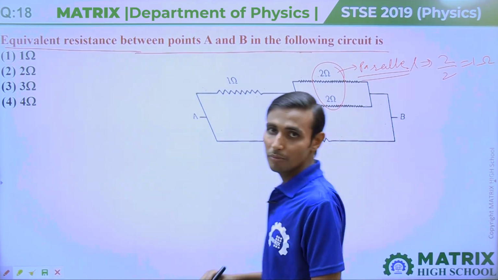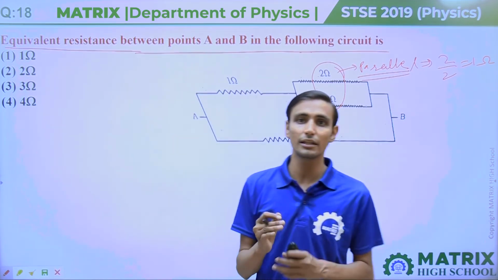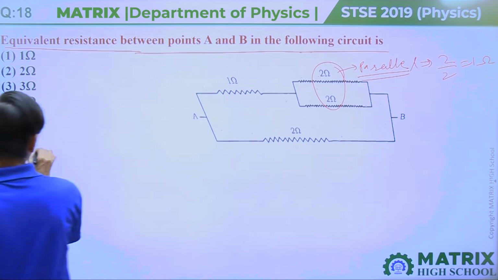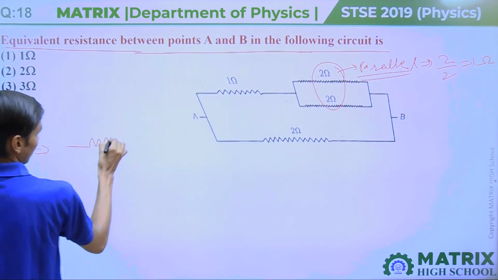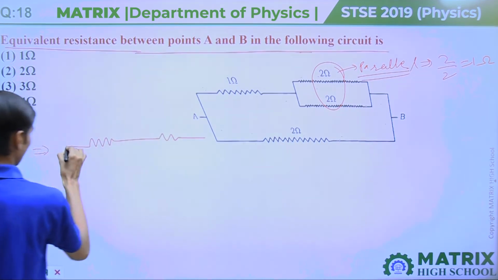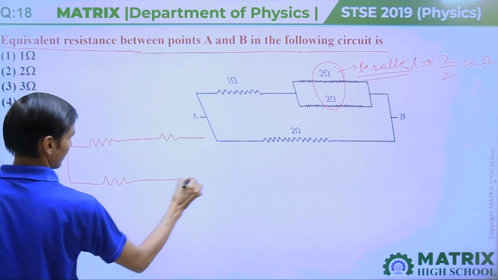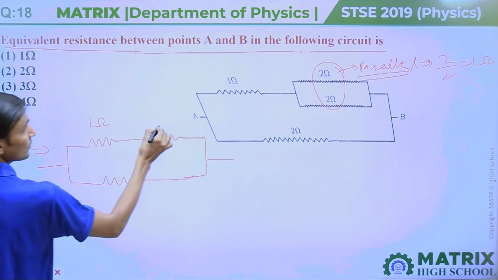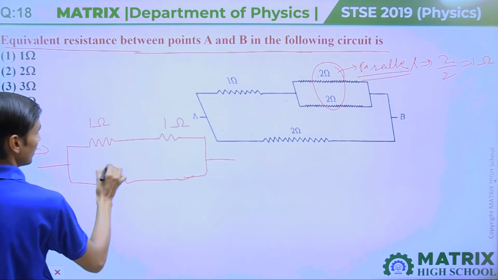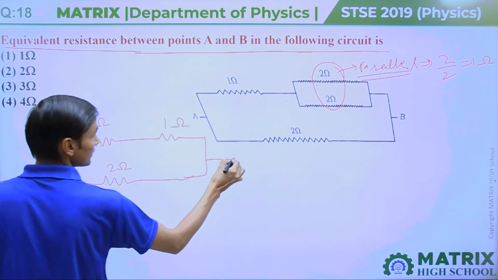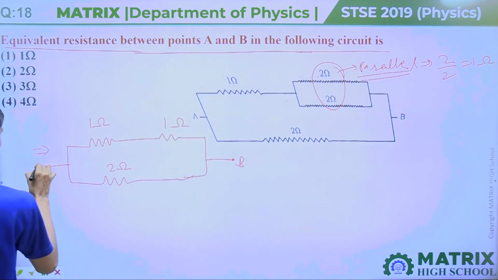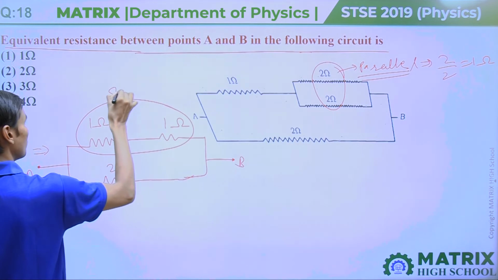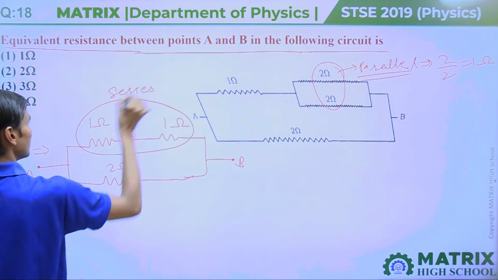Because in parallel combination, if n resistance are equal, then their equivalent resistance will become R by n. Then this circuit will become like 1 ohm and 2 ohm. This is B and this is A. Now this one and this one is in series combination.